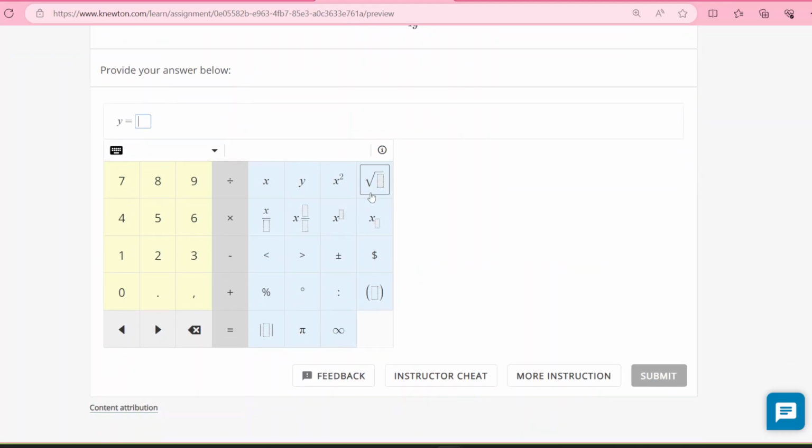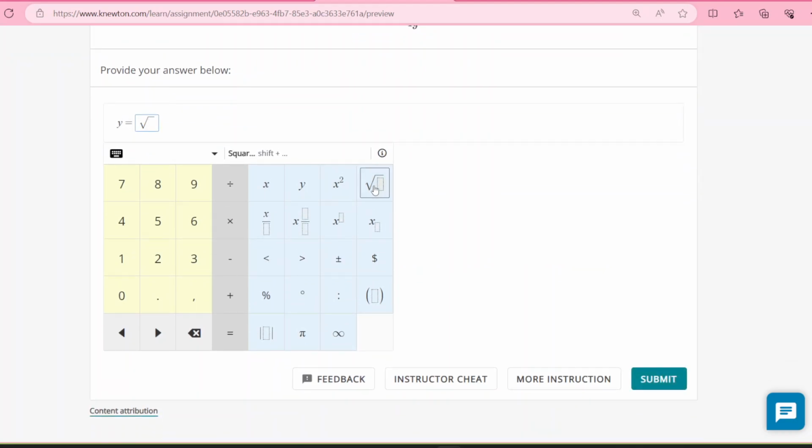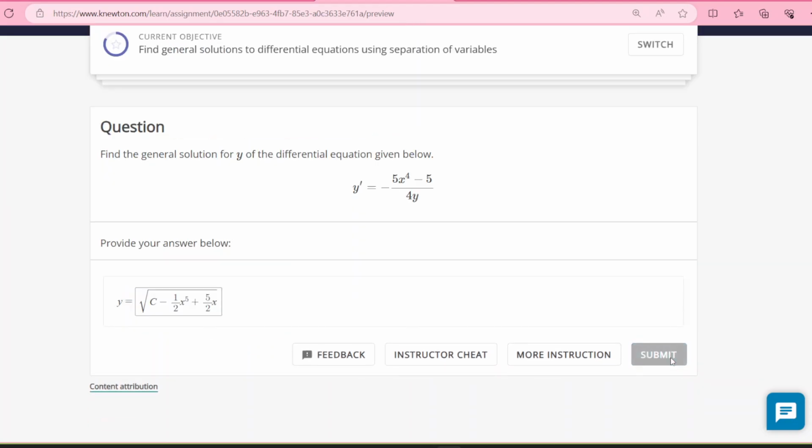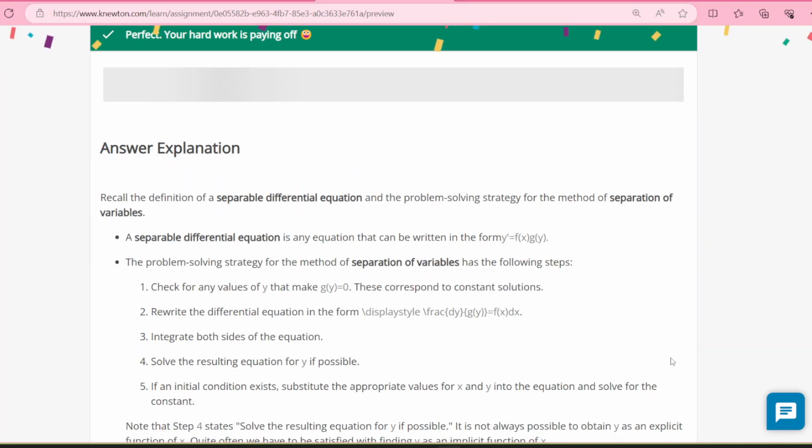So y equals square root of, and then I have c minus 1/2 x to the 5th, then plus 5/2 x, all inside the square root there, mind you. Great.